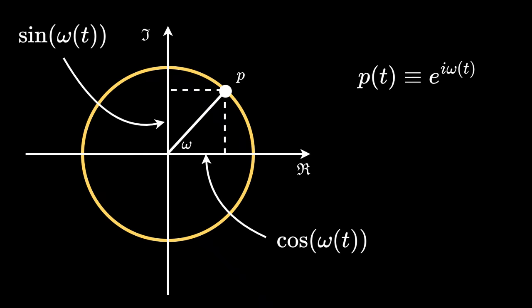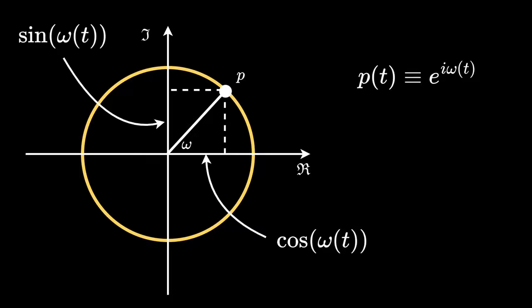So how are we going to define this function omega t? For simplicity, we will define it as having a constant angular velocity. Omega is an angle, and when it becomes a function of time, we can define the angular velocity.